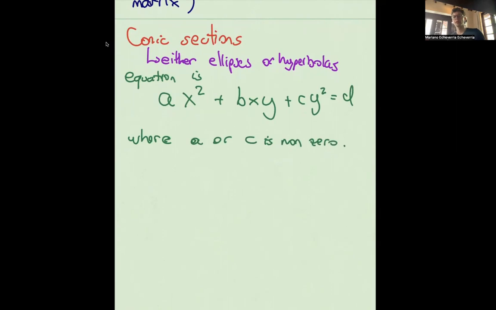Okay, so the equations we're going to look at are these equations.